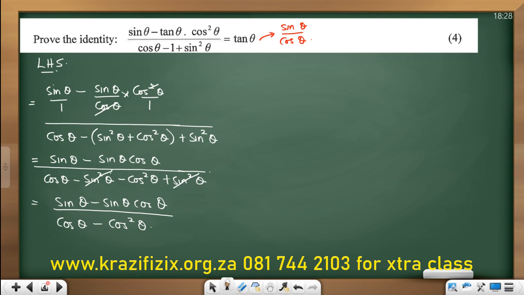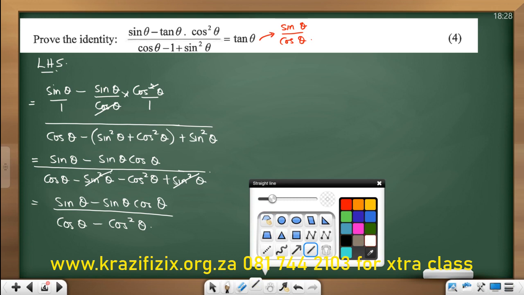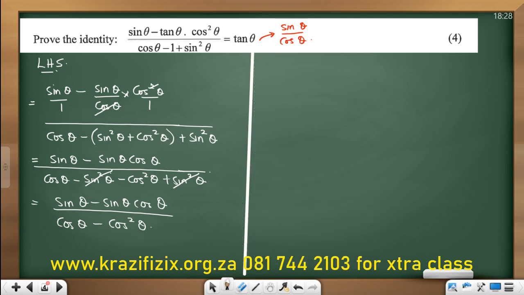you need an eagle eye. Something is common. I don't know if you see. What is common at the numerator? Sine is common. Algebra. Sine theta is common. Open a bracket. What do you have? 1 minus cos what? Theta. Over. What's common at the bottom again?